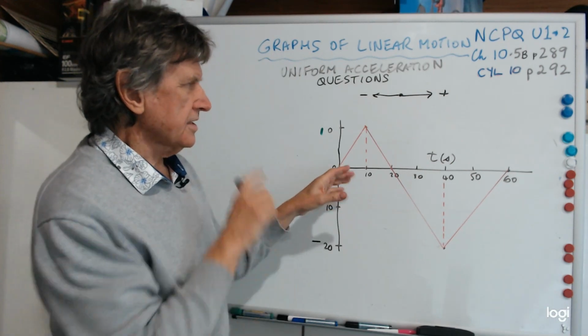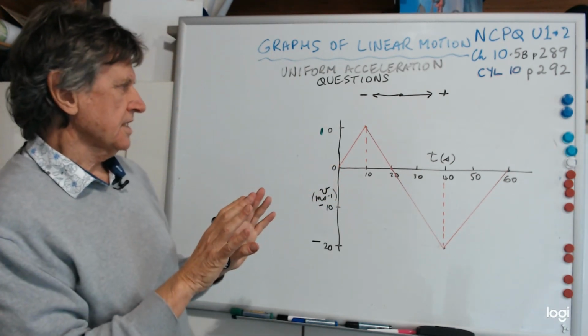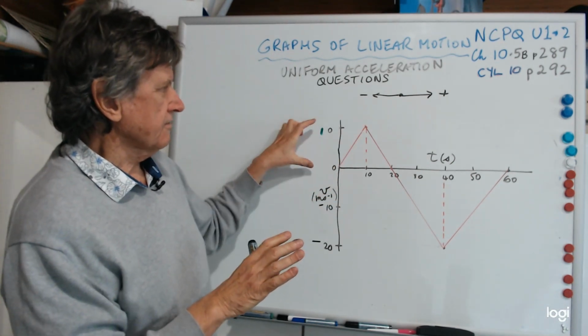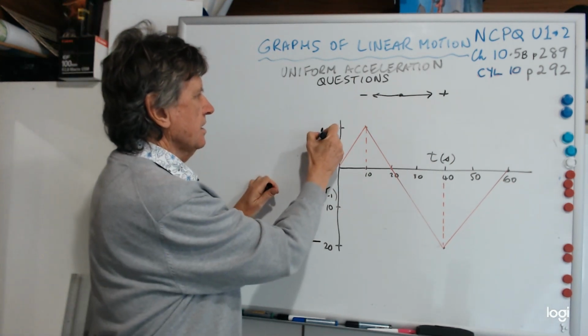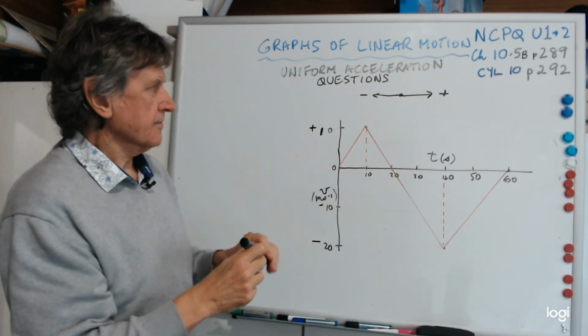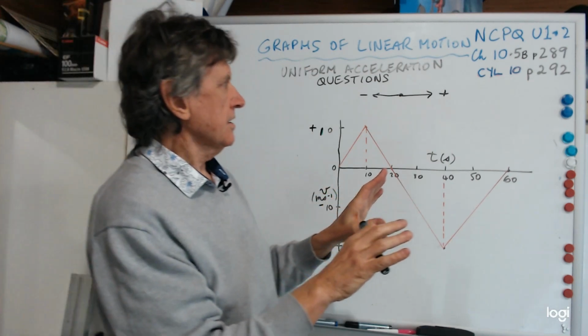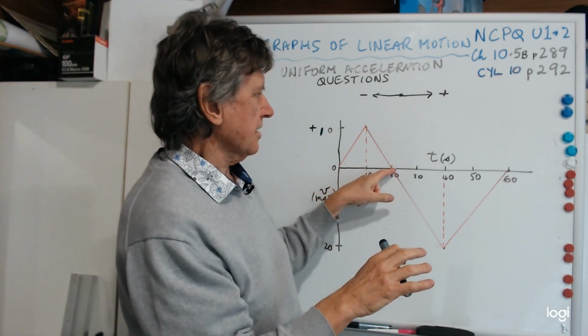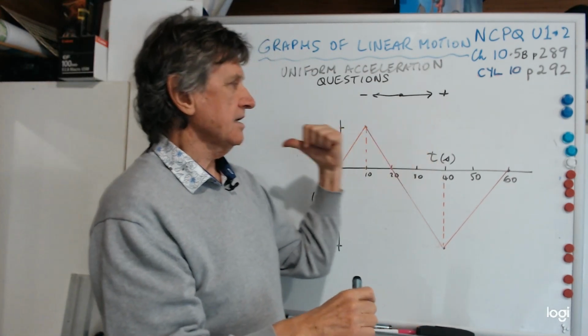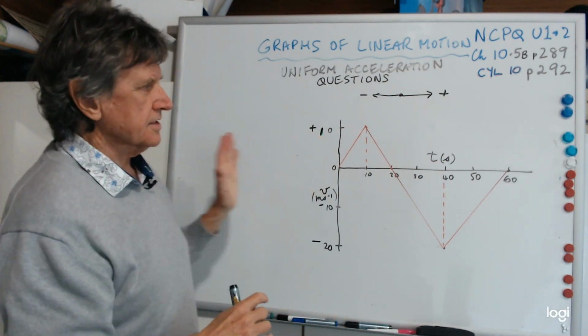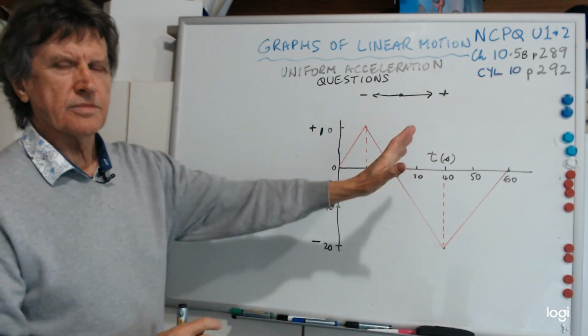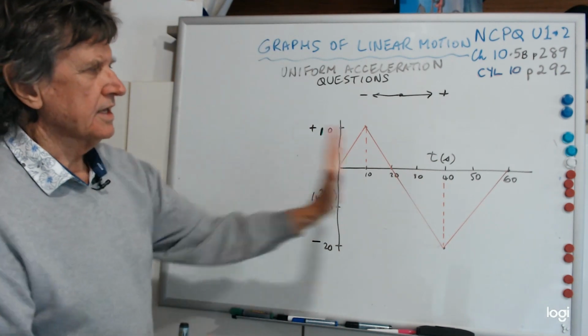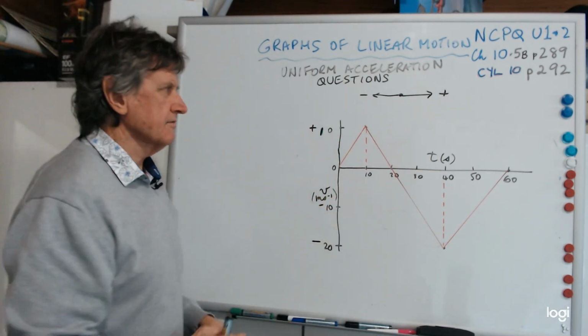So what the object is doing is going for a positive velocity to start with, and then slowing down, getting back to 0, and then going in the negative direction. So it's going like that, and that could be a bungee jumper, or it could be something on a spring oscillating back and forth.